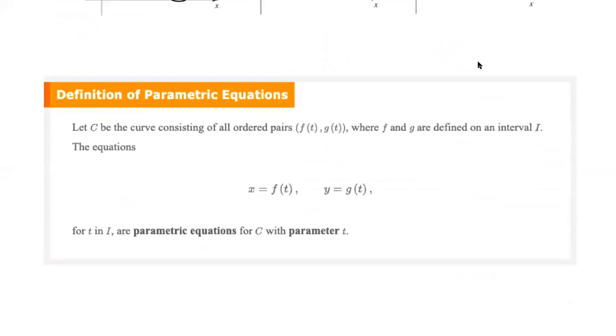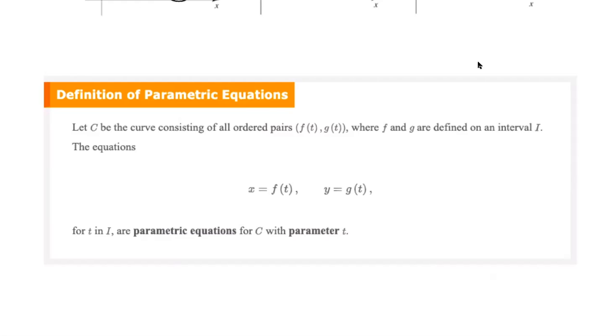This is where the idea of parametric equations comes into play. Let's say we have a curve and it has all these ordered pairs, f of t and g of t, and we define them over an interval.